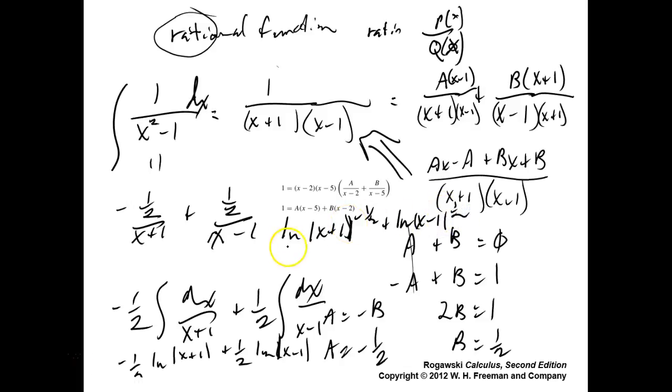And that would be the natural log of, believe it or not, x minus 1 to the 1/2 over x plus 1 to the 1/2. And you could do all sorts of different ways you wanted to write that. But you can solve it. That's the key.